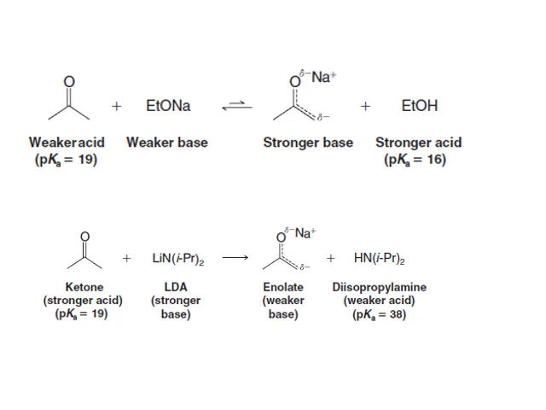We can then say that if the conjugate acid of the used base is weaker than the ketone, pKa about 19, this means that the used base is a stronger base than the enolate. In this case, the equilibrium predominates to the right direction.